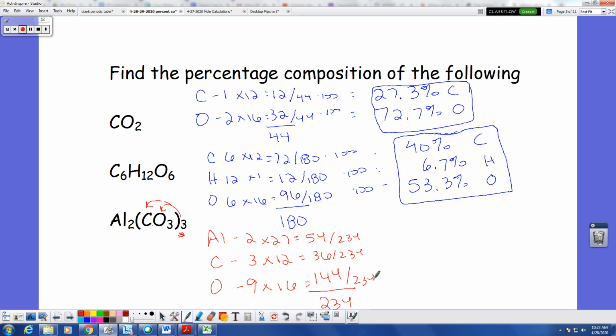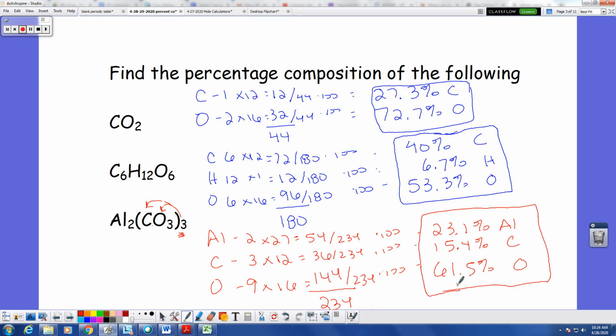Divide by 234. And then we multiply by 100 to make it be a percent. So 54 divided by 234, 23.1% aluminum. 36 divided by 234, 15.4% carbon. 144 divided by 234, 61.5% oxygen.